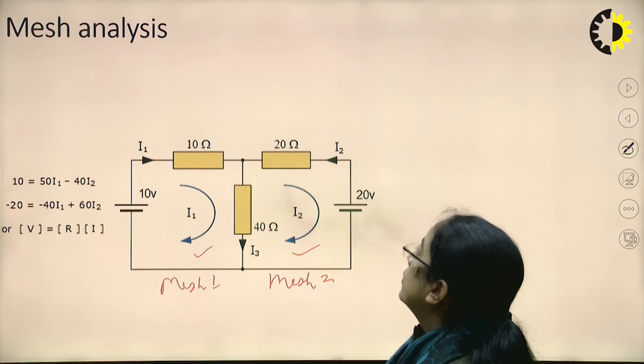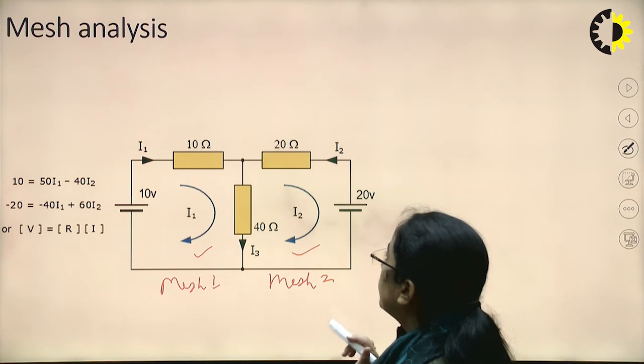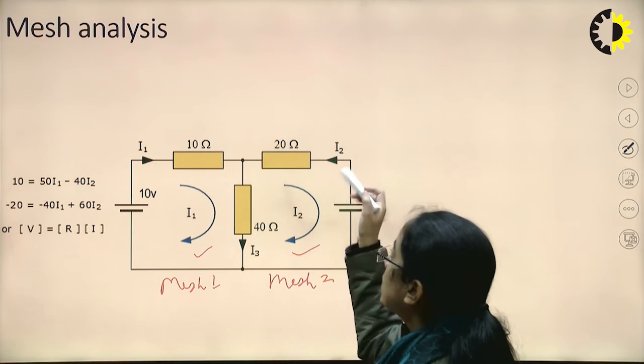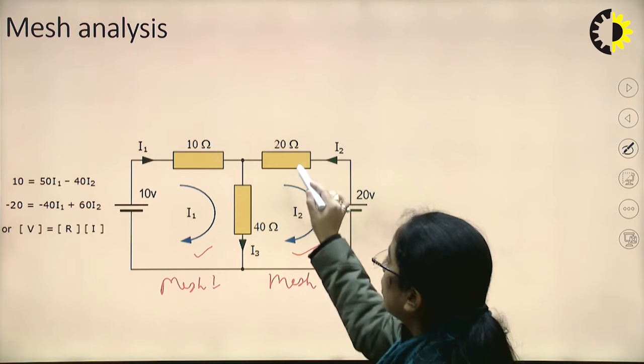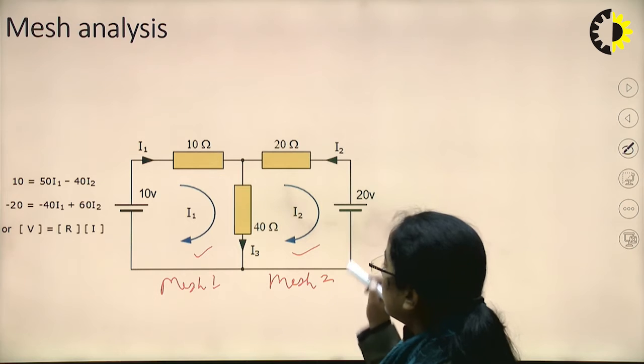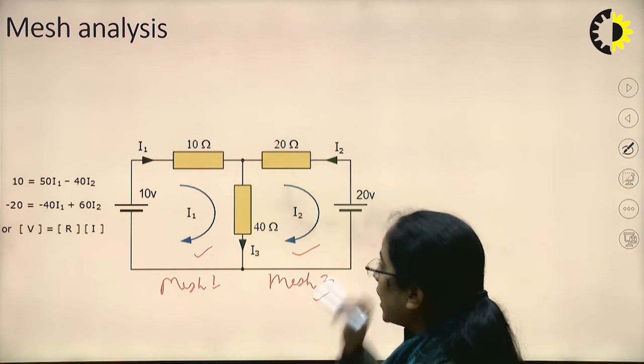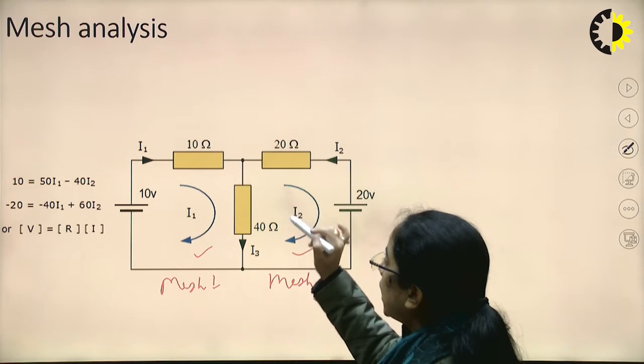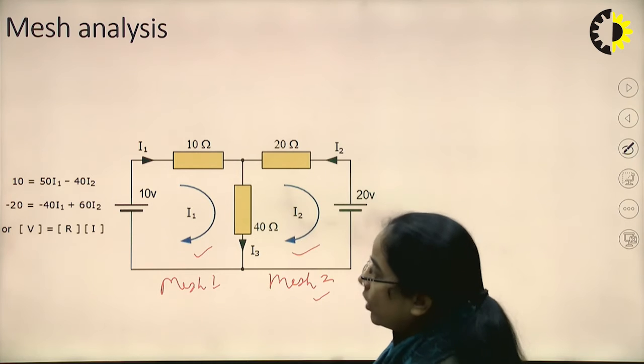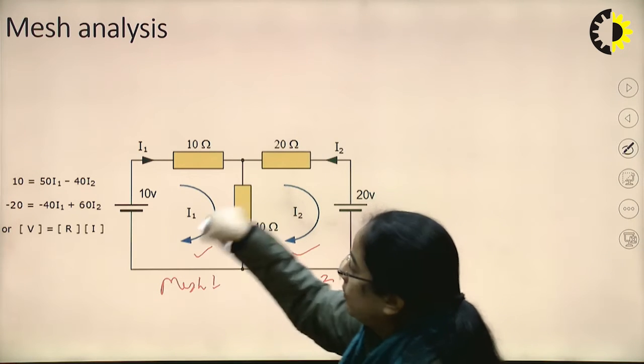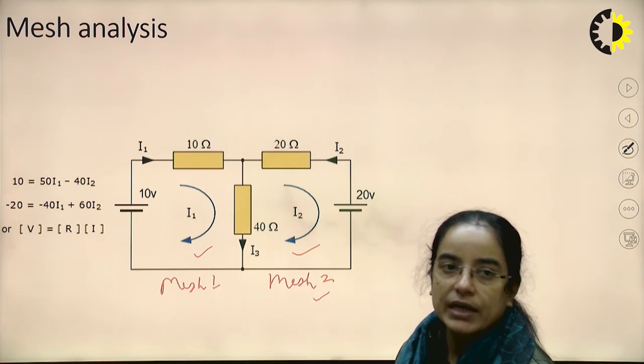Similarly, in mesh 2, the individual resistance that the current I2 faces is 20 plus 40, so 60 I2 minus 40 into I1. So by looking at the network only, we can write the equations.